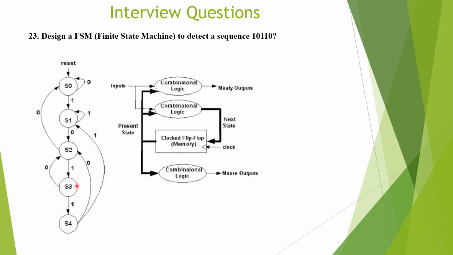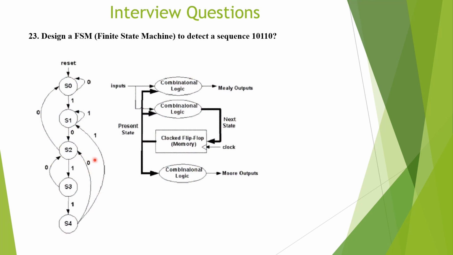In S3, if you get a 1, then you have detected 1 0 1 1 so far, so you navigate to S4. Now in S4, if you detect a 0, that means you have detected your full pattern, 1 0 1 1 0. Then you go to S2.